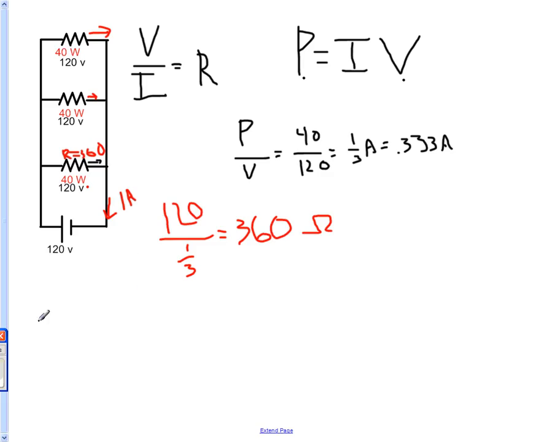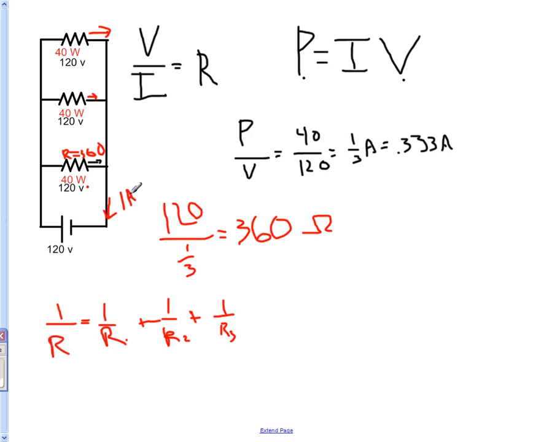Then it asks about the total resistance. And again, the formula for parallel circuits, 1 over R total is equal to 1 over R1 plus 1 over R2 plus 1 over R3. And that means you got to do a little bit of fraction math to figure it out. Now, there is one shortcut we can use here, because all three resistors have the same value.